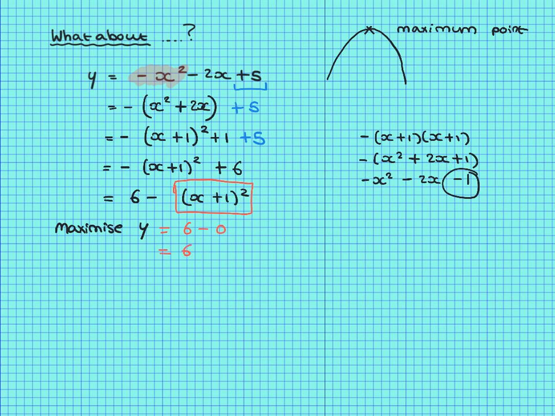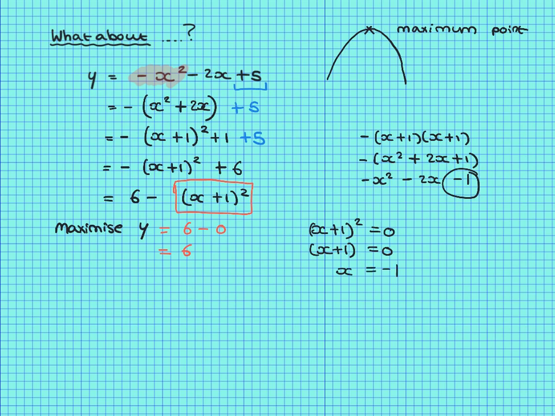Okay? So when does the red box become 0? When x plus 1 all squared becomes 0, which means x plus 1 must equal 0, which means x must equal negative 1.